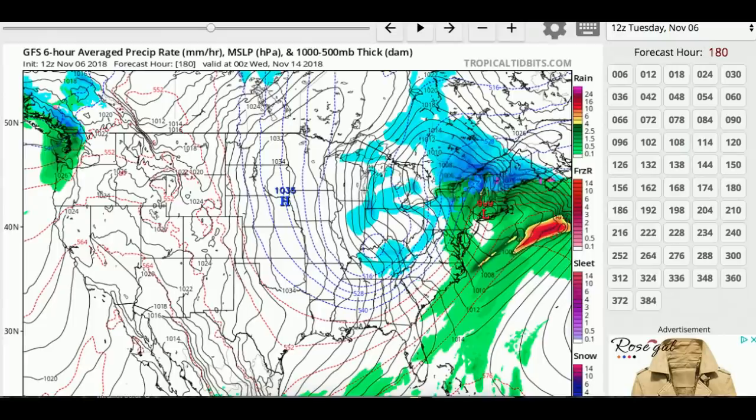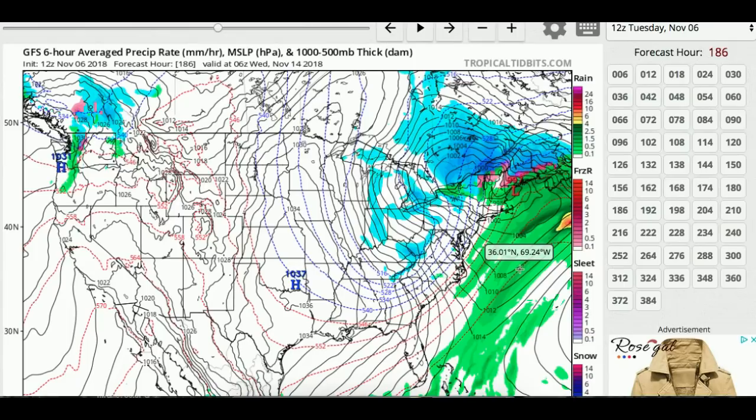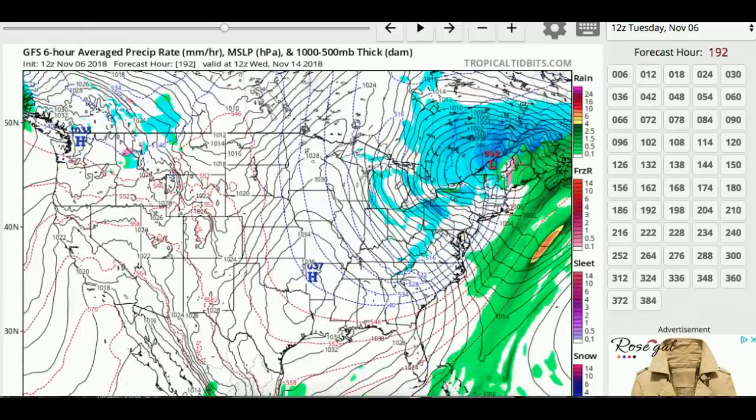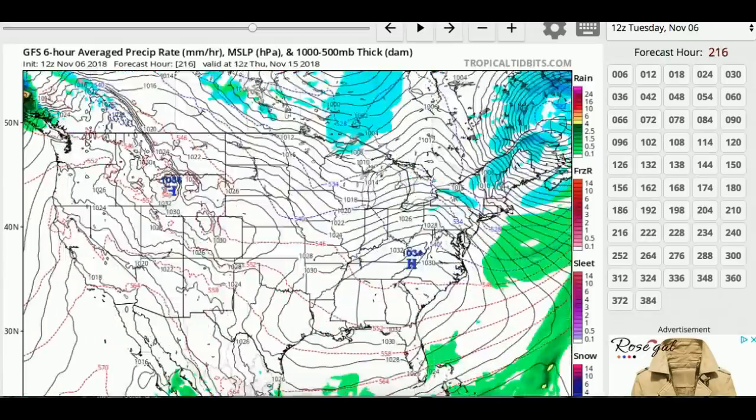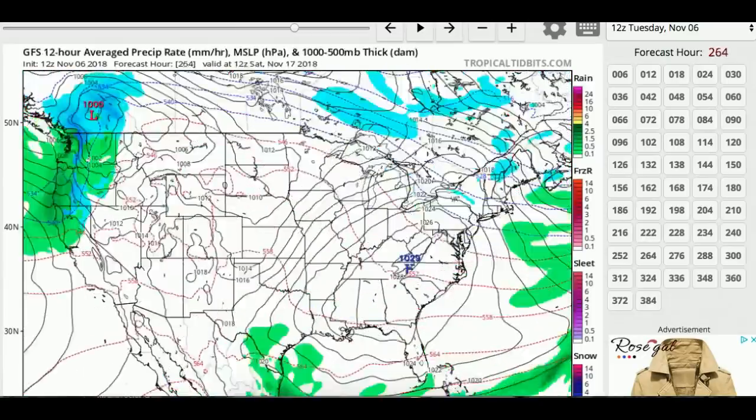You can see there's a little bit more cold air in place, but this storm is going to be so strong that it's just going to push so much warm air by itself within the system that it can't really produce snow in areas like the Northeast. And then afterwards you can see the lake effect bands just come ripping through, and it's northern Indiana, southern Michigan, northwestern Pennsylvania, pretty much the whole state of New York, northern Ohio that will be getting quite a bit of lake effect. That is fairly set in stone at this point.